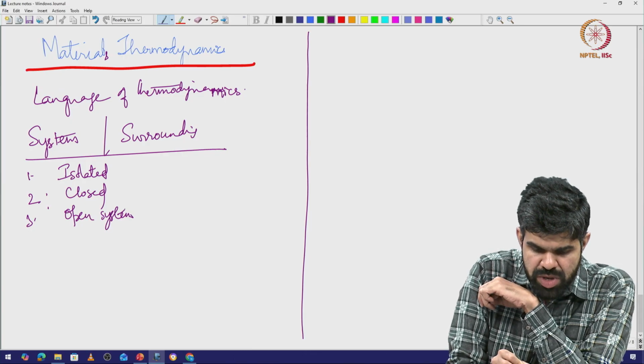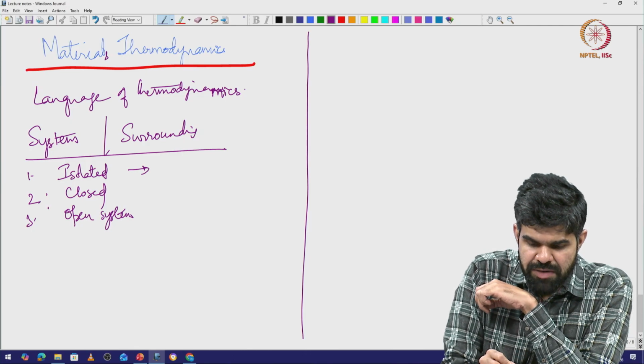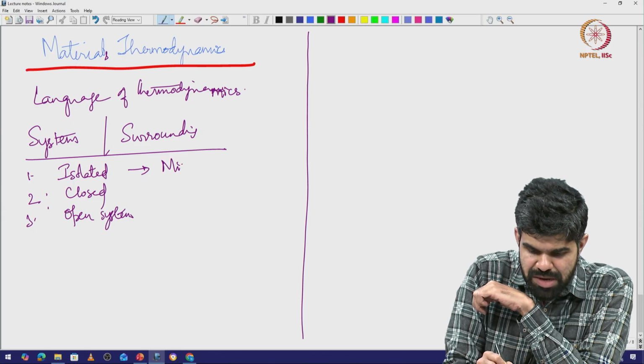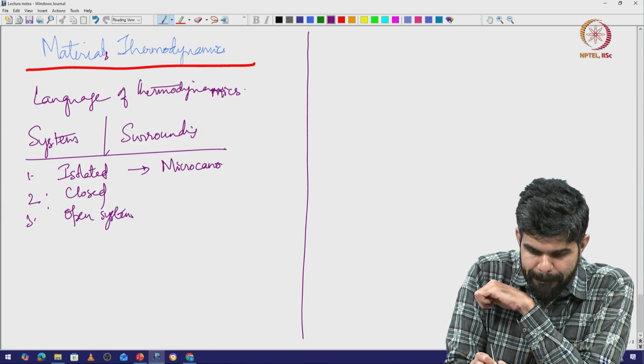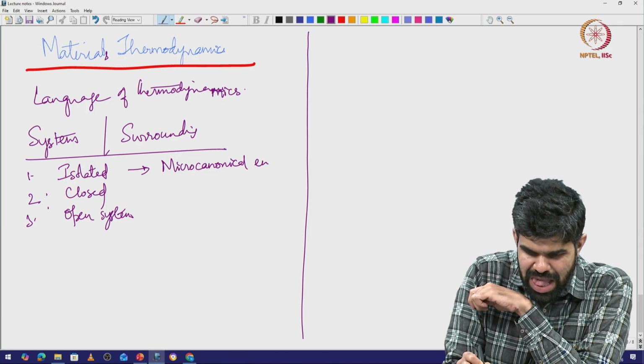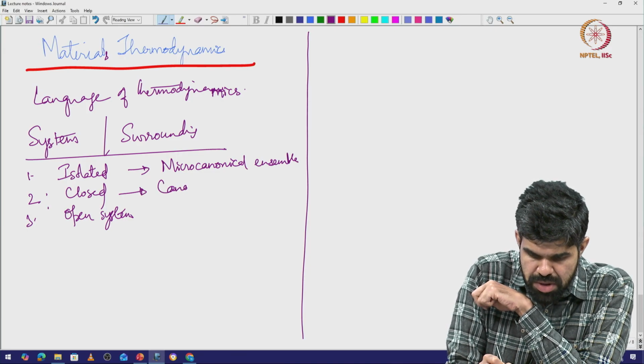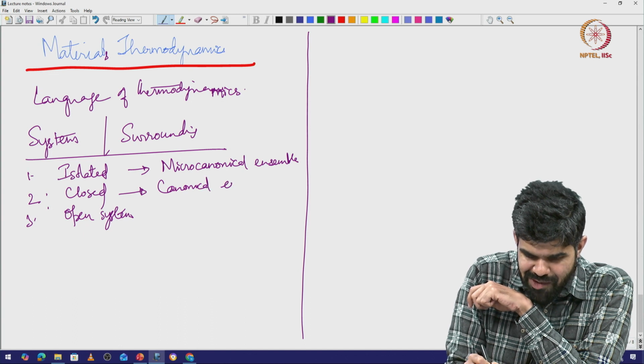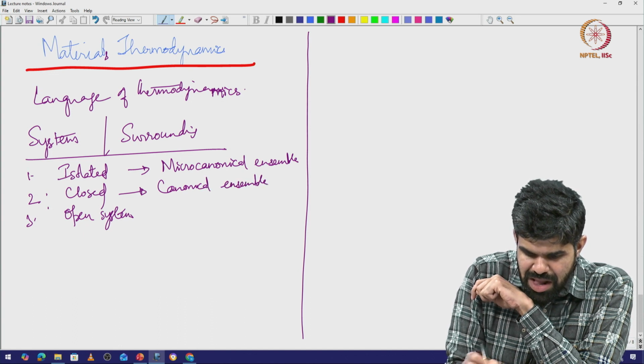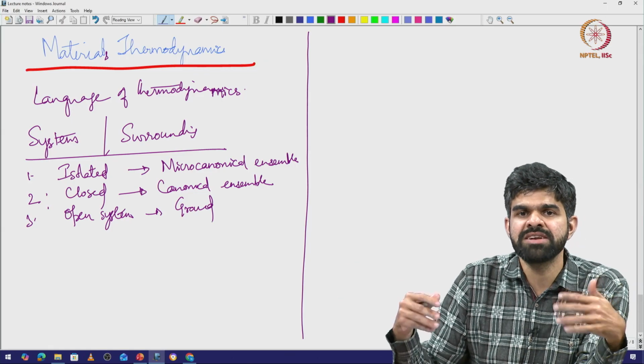If you talk to people doing statistical mechanics, they will call this a microcanonical ensemble. They will call this a canonical ensemble, and they will call this a grand canonical ensemble. So same thing, different languages.